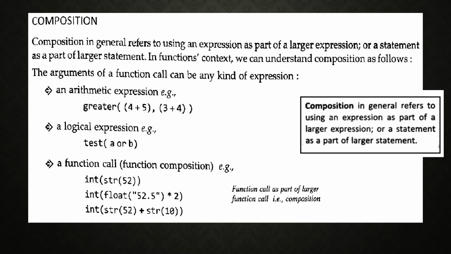After the execution of float 52.5 into 2, it will give the integer value of the whole thing: 52 into 2, that means 104. 104 will be returned, otherwise it would be 105. Since we are using int of float 52.5, it will automatically take only the integer part.